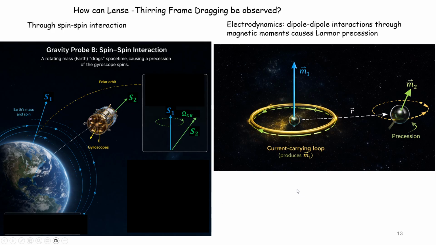In order to get the general relativistic formula, we'll then use our recipe when going from electrodynamics to general relativity. So we take the well-established formula in electrodynamics for Larmor precession, and we convert it using our recipe to general relativity.